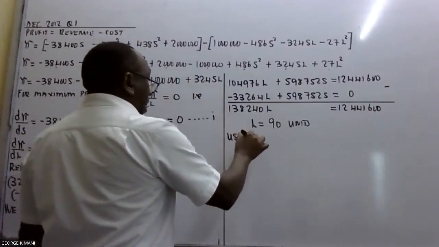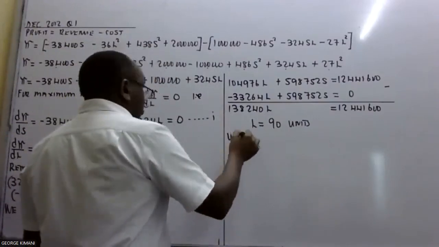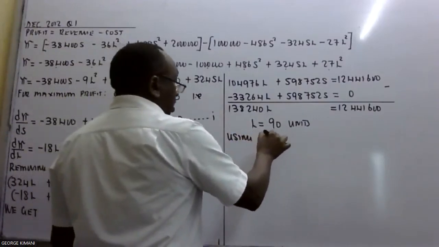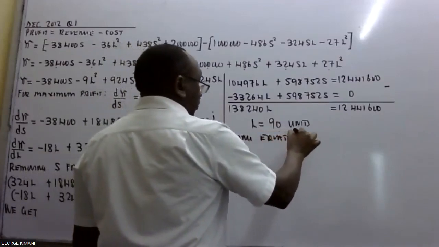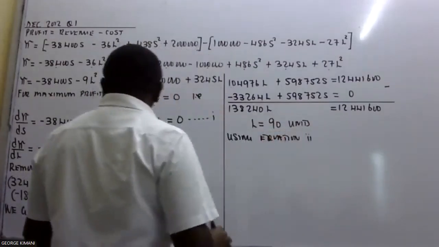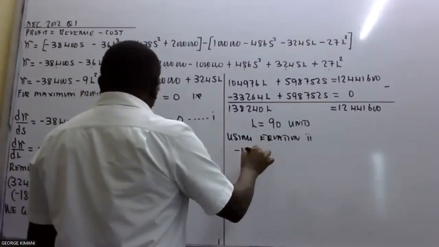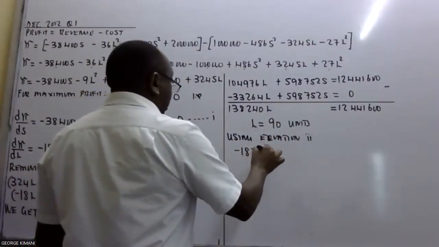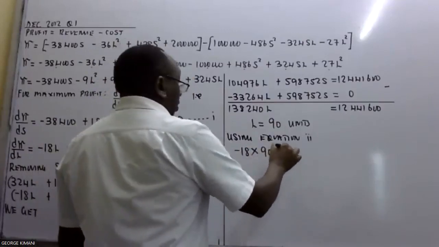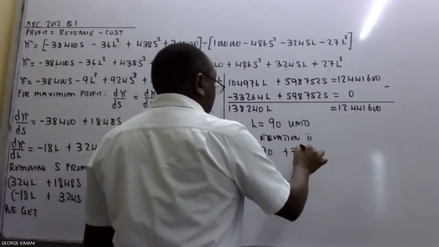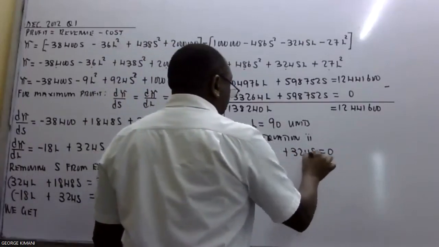Using equation 1 or equation 2, I think it will be easier using equation 2. We will have minus 18 times 90 plus 324S should be 0.